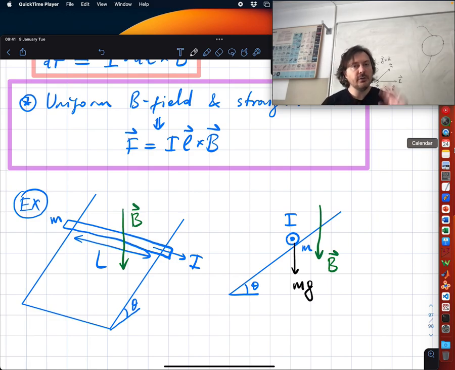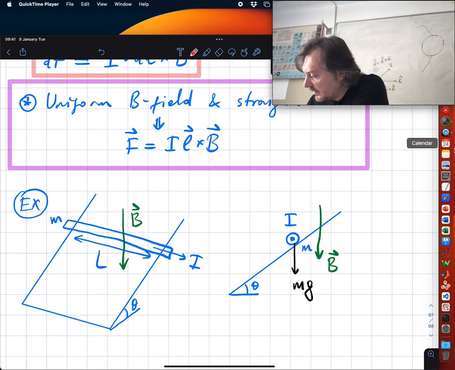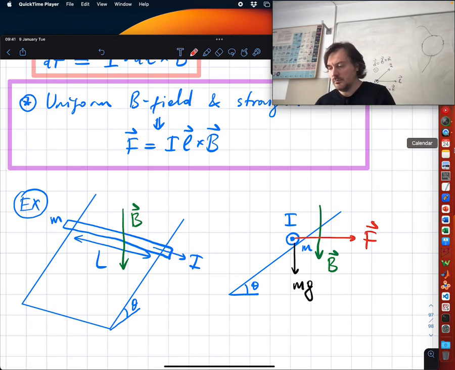By the way, it's the same story. Like any cross product, you can use your right hand. So you start with L and go to B. By L, I mean the direction of current. So it's going out, right? And the magnetic field points down. Do you see it? So it's pushing to the right. So, do we agree that the force is pushing in this direction? Can you demonstrate it again? Sure.